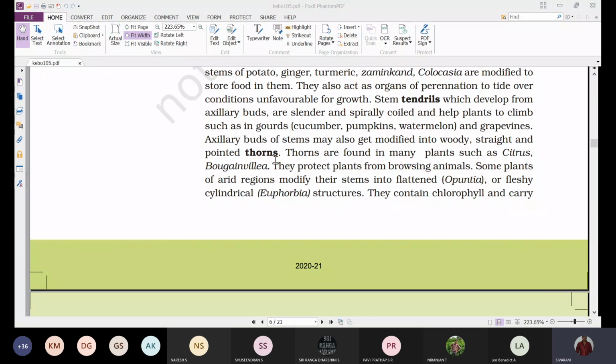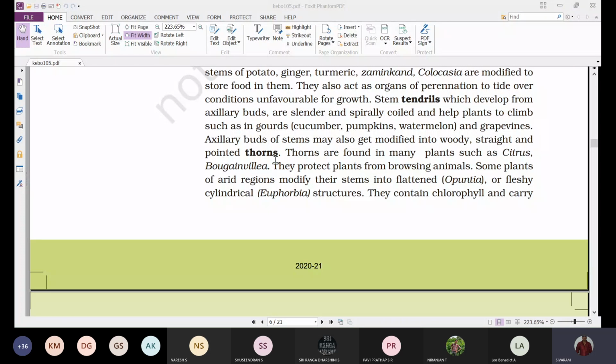Generally the stem is long and cylindrical, but here the stem is flattened and thick, and it is green in color and performs photosynthesis because of the presence of chlorophyll, because the leaves are absent. Why? Because they are modified.